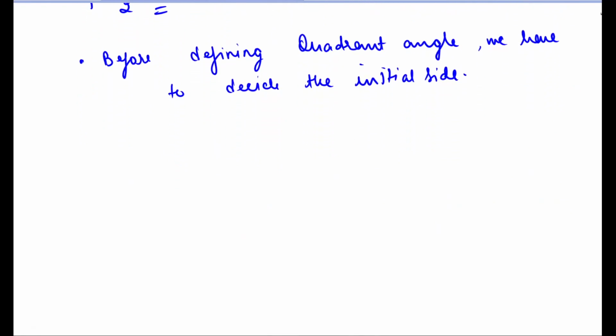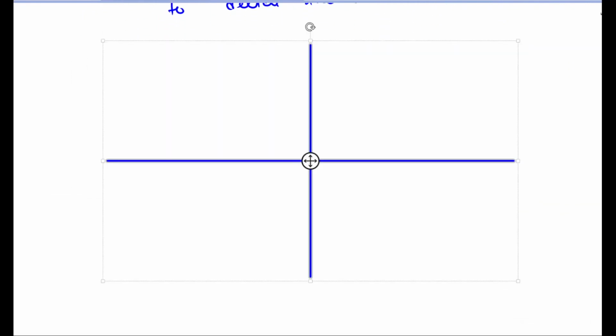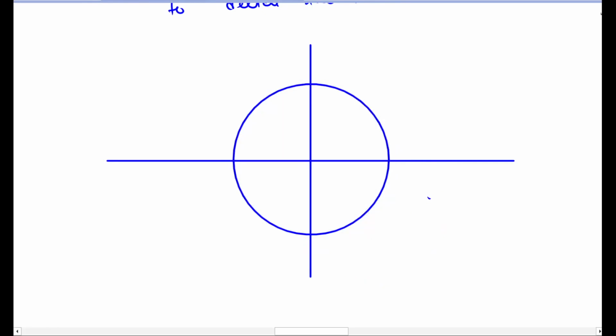Suppose we have Cartesian coordinate like this, and this is a circle of unit radius. So we have points A, B, C, and D. This OA is the initial side, which has an angle theta equal to 0 degree.